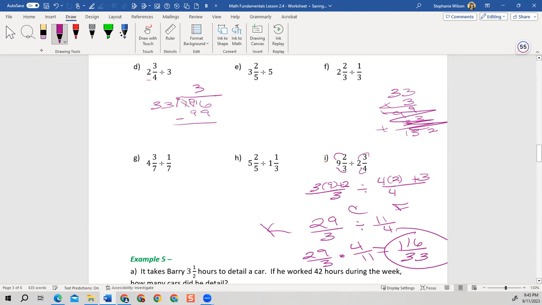So now when I subtract, 16 minus 9 is 7, and 10 minus 9 is 1. So now I know my whole number and my new numerator. My whole number is 3, my new numerator is 17, and it's over 33. So your whole number, numerator, denominator.